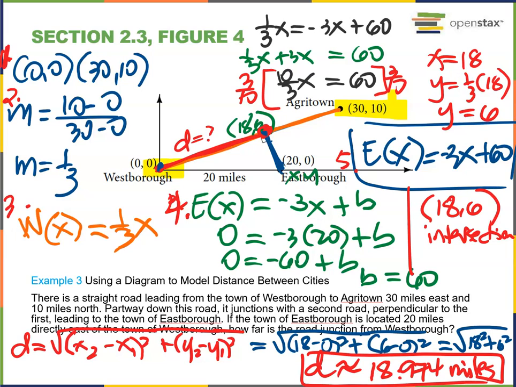Since now you have the 2 lines, step number 6, you will be able to find the point of intersection by setting them equal to each other. And then you can answer the last question, which is to find the distance. Okay, so try this on your own. Next slide.